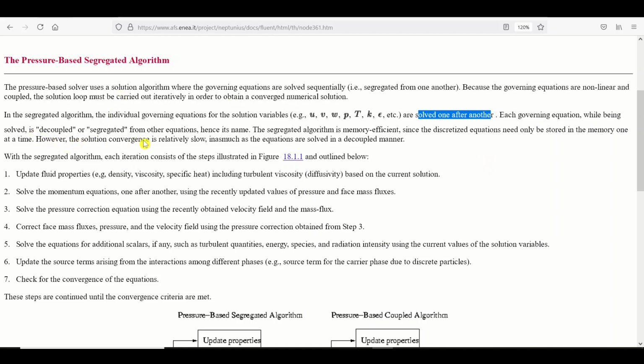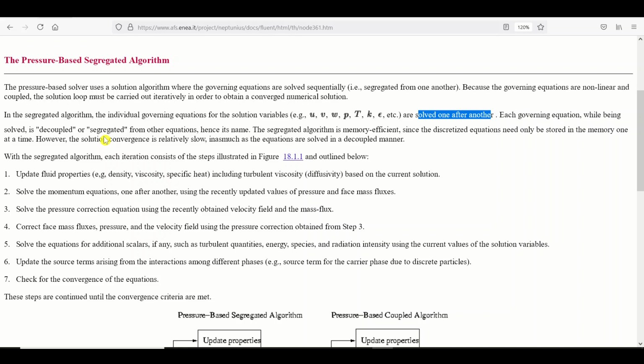However, the solution convergence is relatively slow, and the amount of time required for converging is high. I mentioned in the previous video that convergence is nothing but to ensure that all the values we got are below a benchmark value, right?